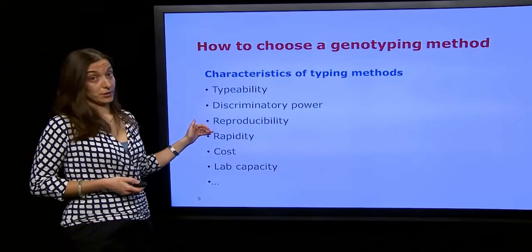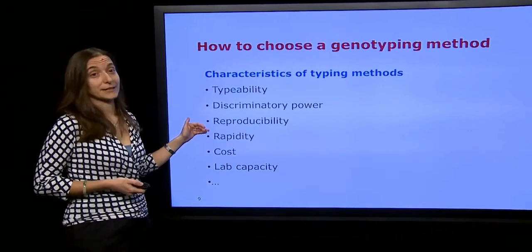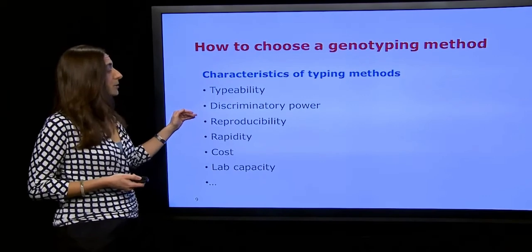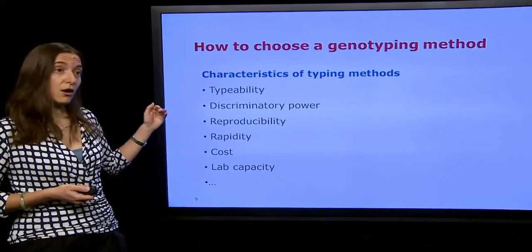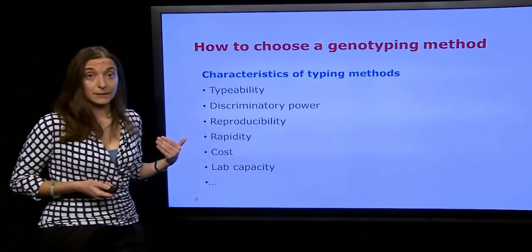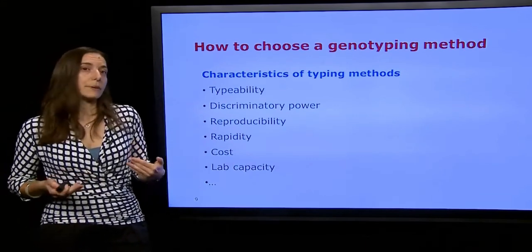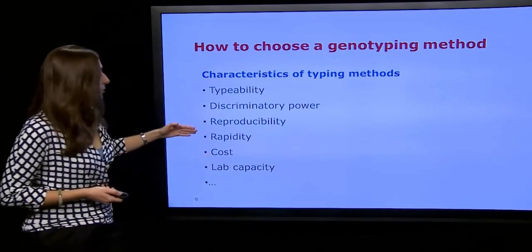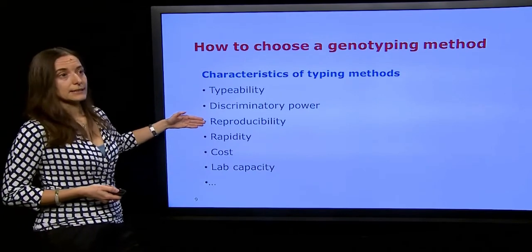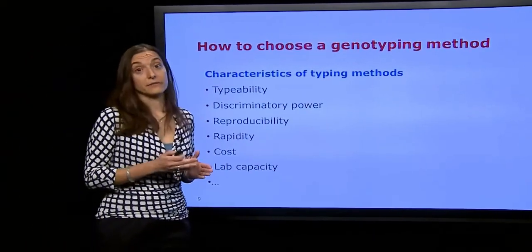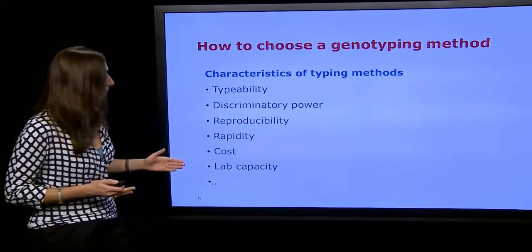Then we have the reproducibility, another very important characteristic of a typing method, because this tells you about the proportion of isolates that will be typed the same, will end up being the same type, in repeated testing over a long period of time. So this refers to the possibility that the method gives the same result over time.